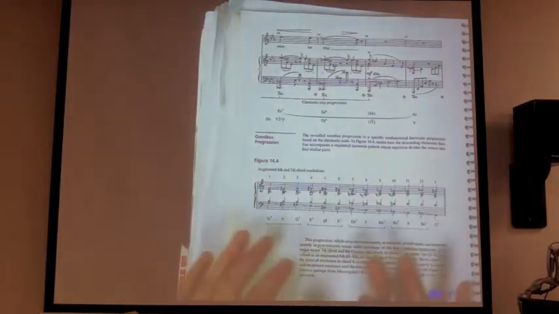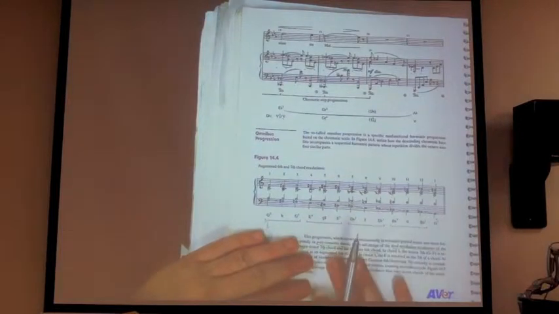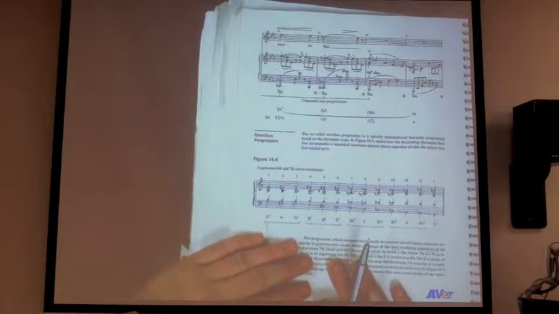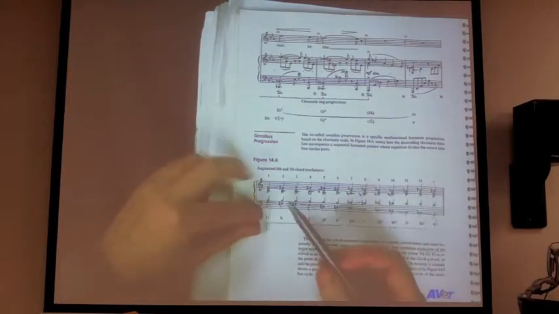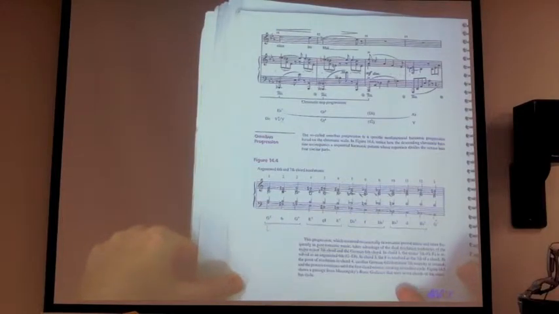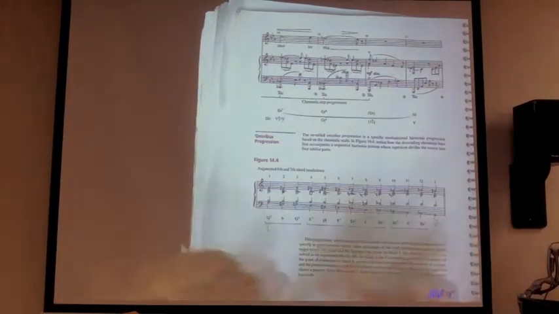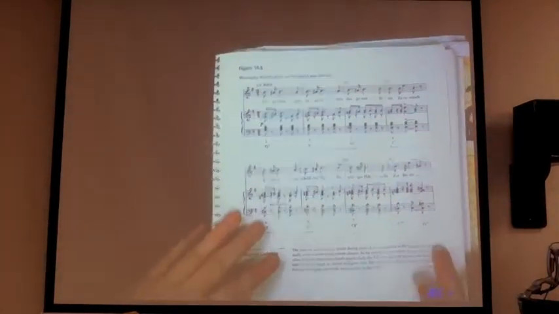Okay, so this progression you're going to see occasionally in the Romantic era, but a lot in post-Romantic music. And it takes advantage of all these major minor seventh chords and their tendency to resolve. Right? So it's resolving all these tritones chromatically and stepwise. So an example of this is in Boris Godunov.